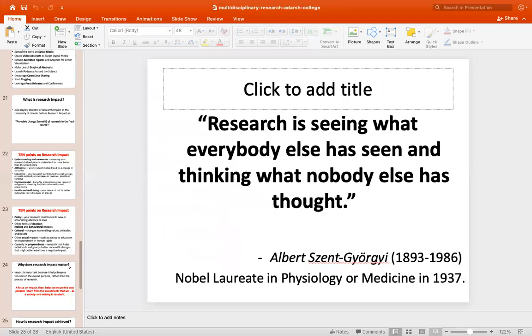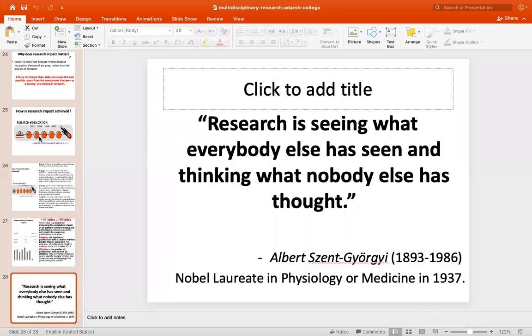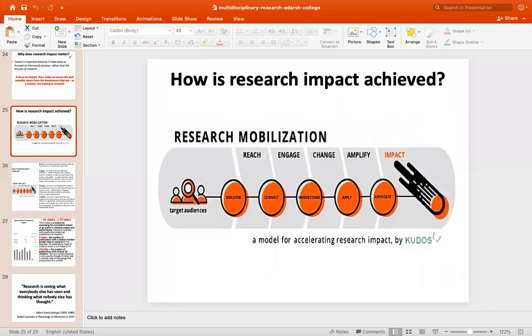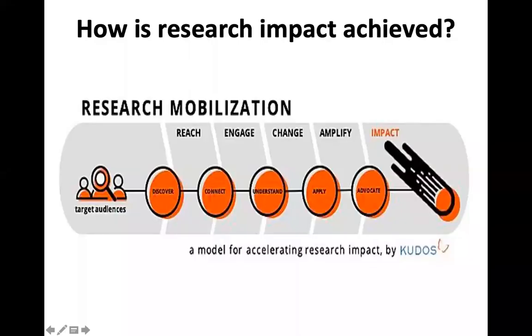Reached means that what the work you have done, it must reach the audience, target audience. It must reach the target audience.